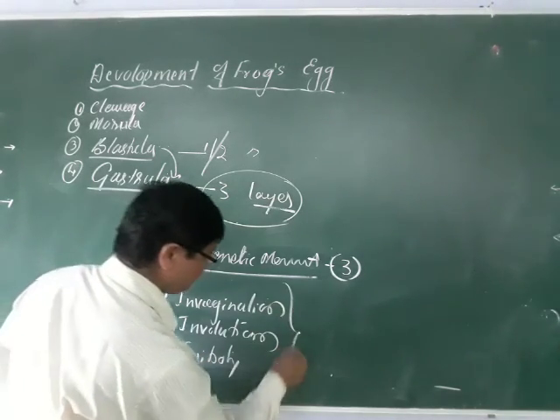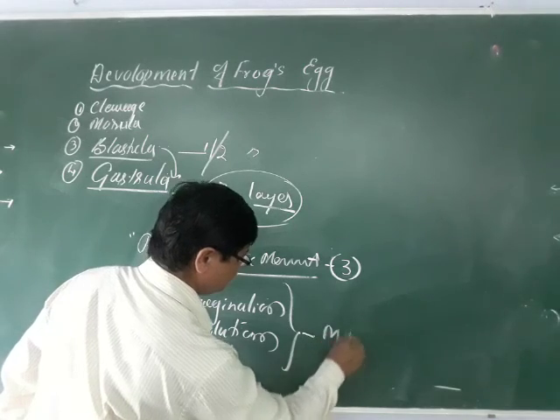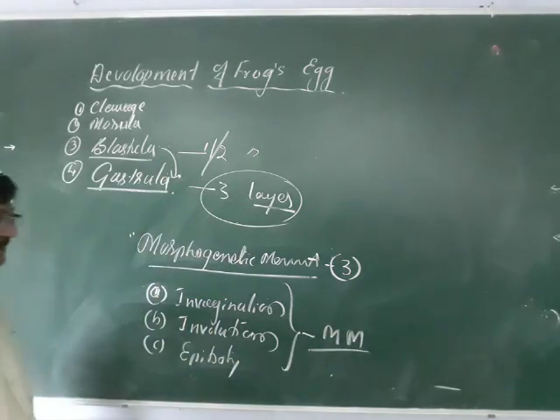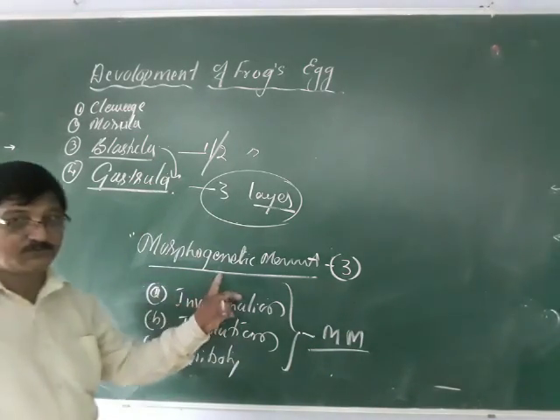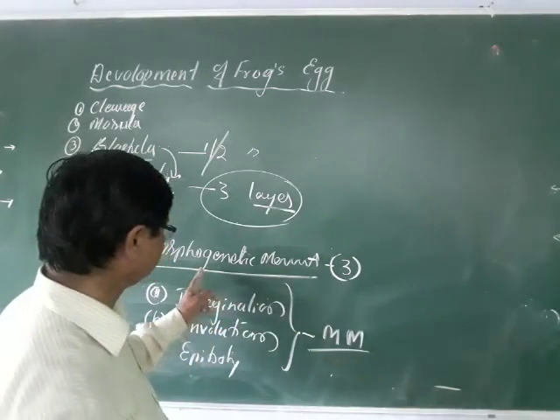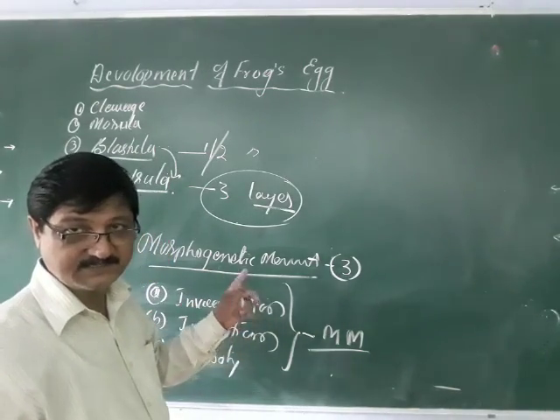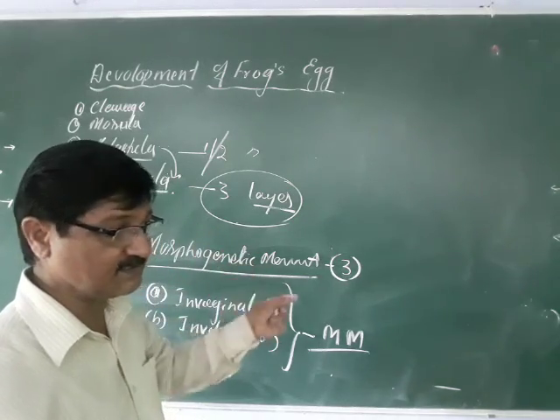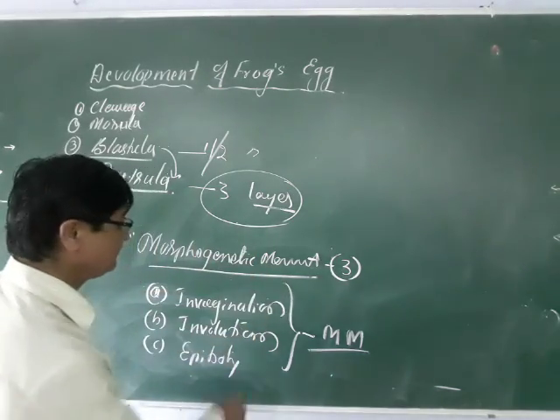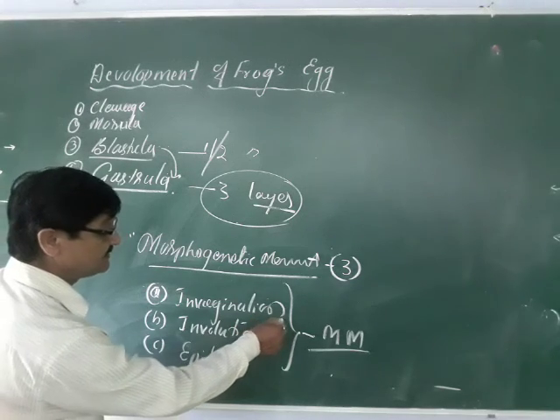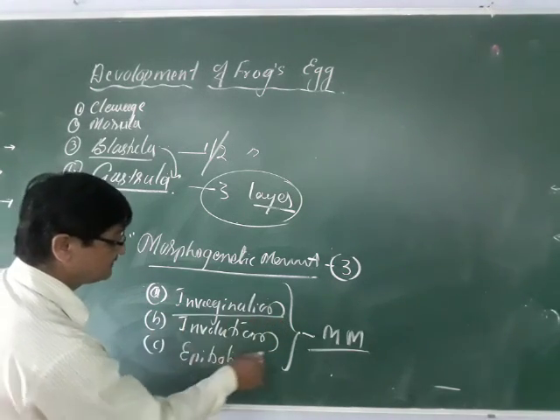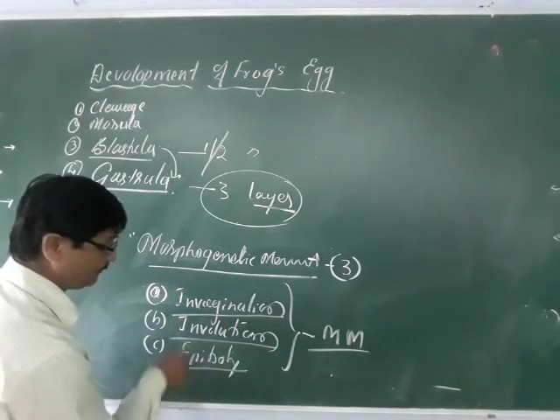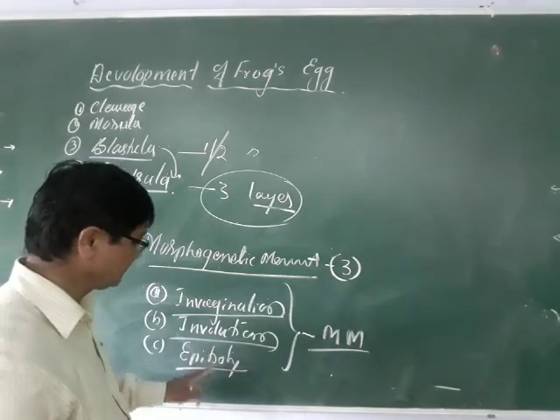So these are the three morphogenetic movements. How do you define the morphogenetic movements? Morphogenetic movements means multiplication, rearrangement as well as the movement of blastomeres in a specific path resulting in three layers. So here, what are the movements? These are the three movements: invagination, involution, and the epiboly.